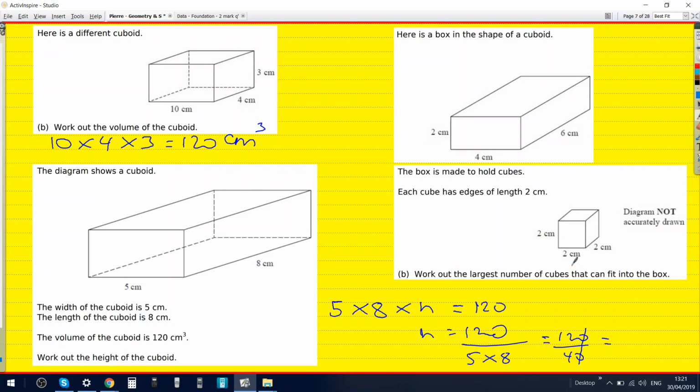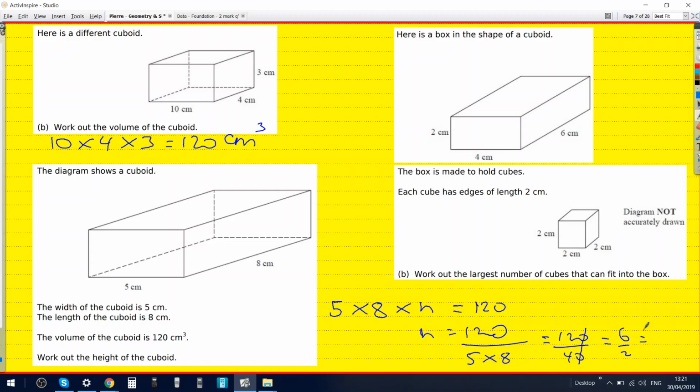So 10 times 12 is 120. 10 times 4 is 40. So 4 and 12. So 12 over 4 can be broken down again.